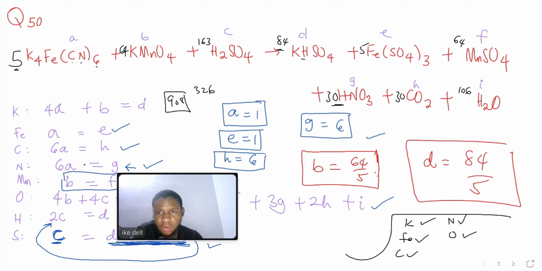Then there's 106 times 2. Do everything, you have exactly 326. Yes, so our hydrogen is also balanced. That's correct. What else? Sulfur. We have 163 lots of sulfur from here, so that's 163.